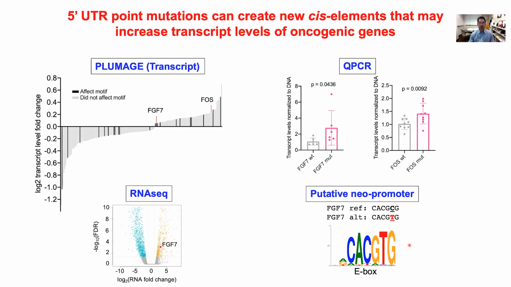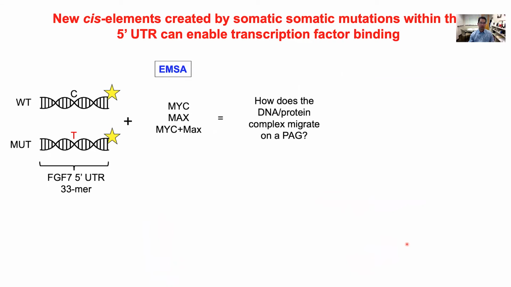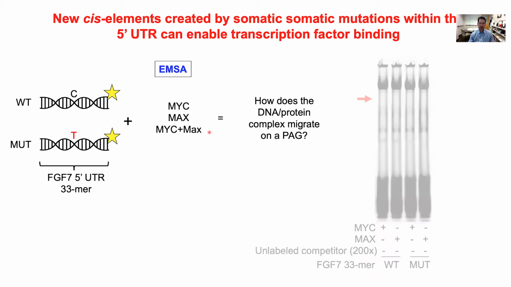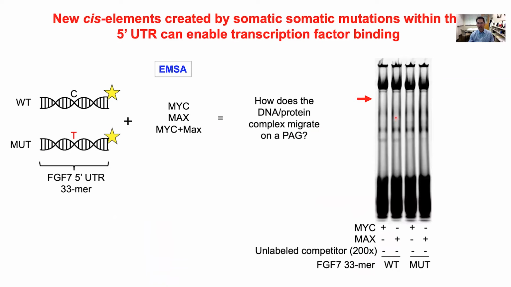In order to determine whether this neopromoter is actually bound by the MYC-MAX complex, we did an EMSA, where we determined whether the mutant, but not the wild type sample, can bind the MYC-MAX oncogenic complex. What we can see here is that with either MYC or MAX alone, neither one binds the wild type or the mutant DNA in this assay.